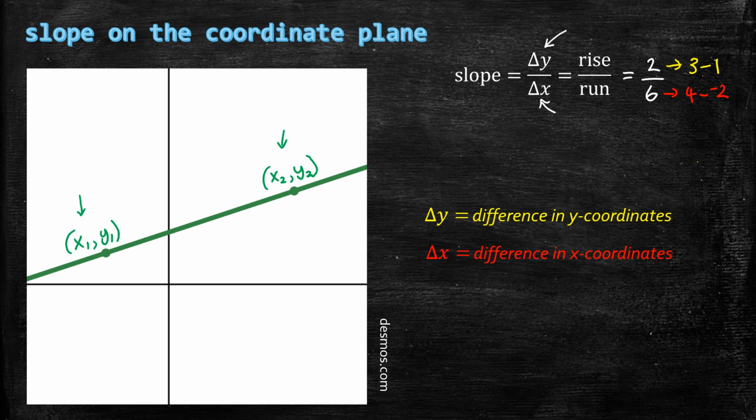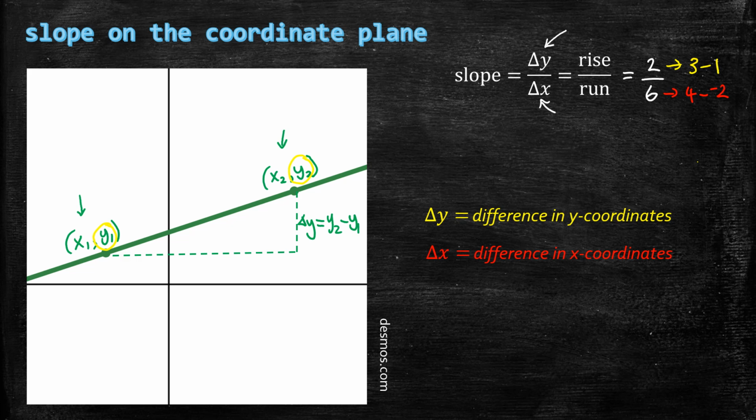So let's create a little right triangle so we can think about the slope. If we would like to know what delta y is, it's the difference in the y coordinates. So y2 is the height of that point, y1 is the height of this point, and therefore y2 minus y1 would give us the vertical change.